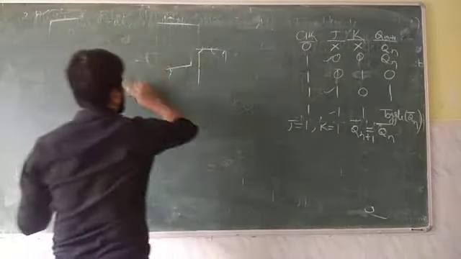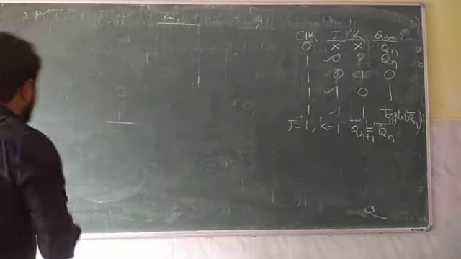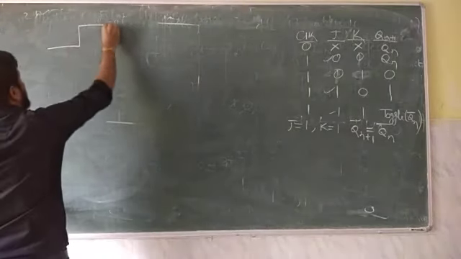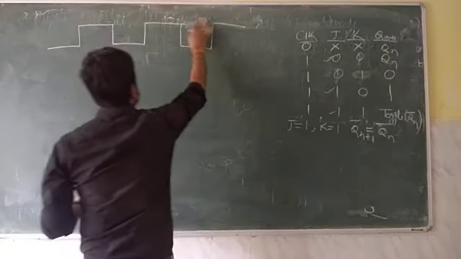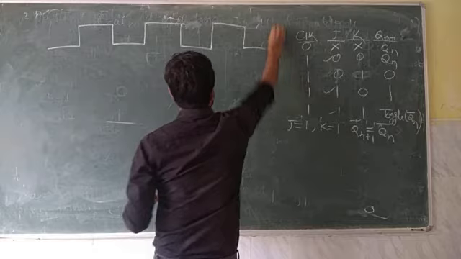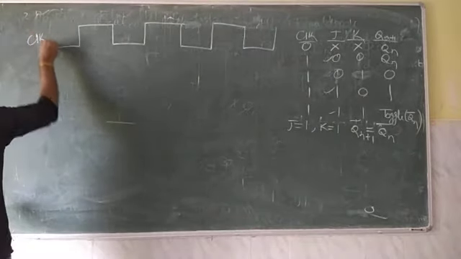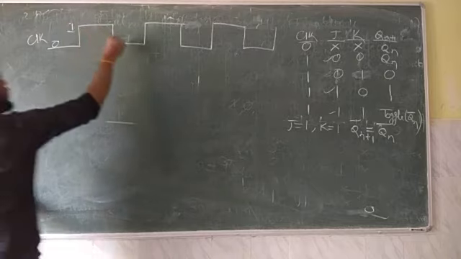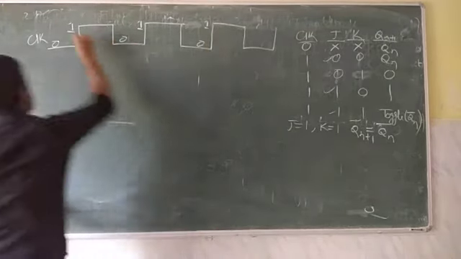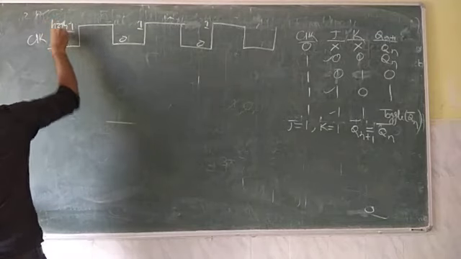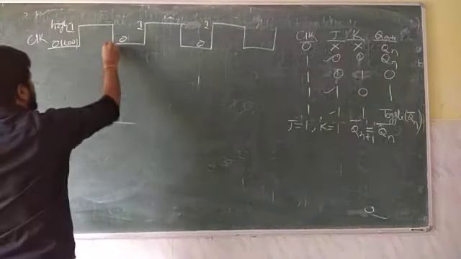So let us see. This is your clock, and this clock is 0 here and 1 here, 0 here, 1 here, 0 here and 1 here. That means this is your high clock and this is your low.